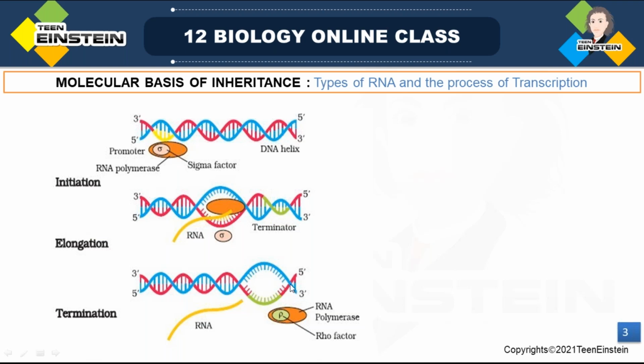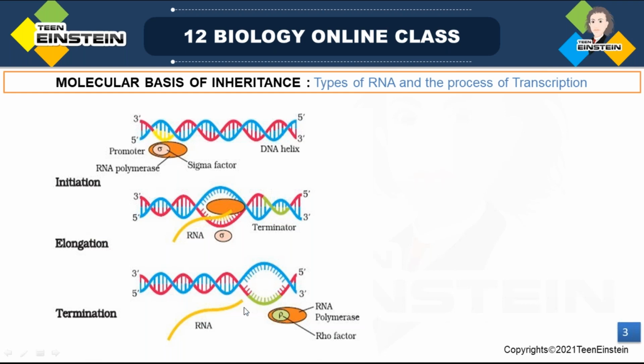at the end of this process, the DNA-dependent RNA polymerase will bind with the rho factor. What is the rho factor? The rho factor is the termination factor. So RNA polymerase getting attached with the rho factor helps to terminate the transcription process.